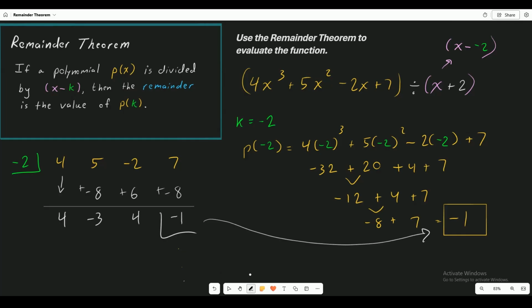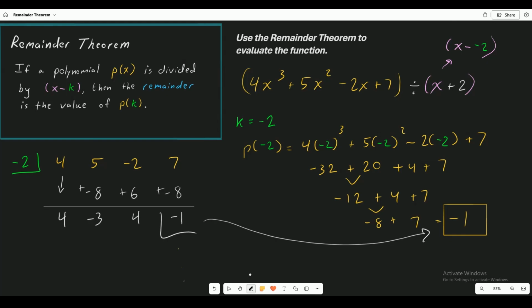I hope this gives you guys a little bit of an idea of how to apply the remainder theorem and how it's used. We're going to keep using it in the future, right? So keep it in mind. And write in your notebooks, make sure you understand what it's saying. Be very careful when you're dividing by x plus 2, like in this case, you have to make it match the x minus k format.